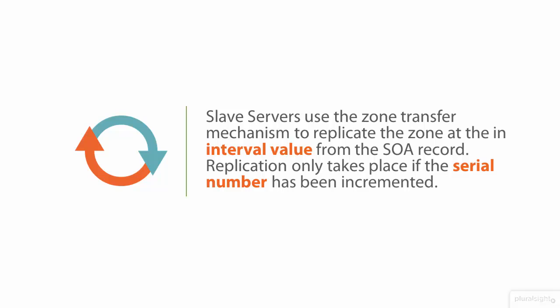It's really just setting the replication point. Replication will happen automatically at the interval and only if the serial number has been incremented. The first time, though, it will replicate because, of course, it doesn't have a serial number, so the serial numbers will be different.